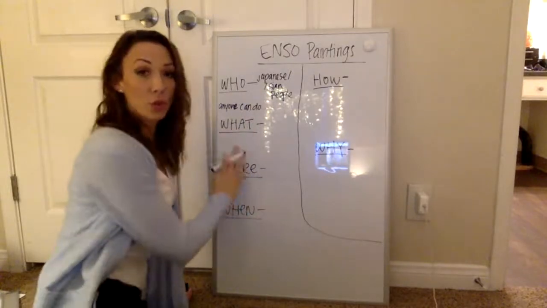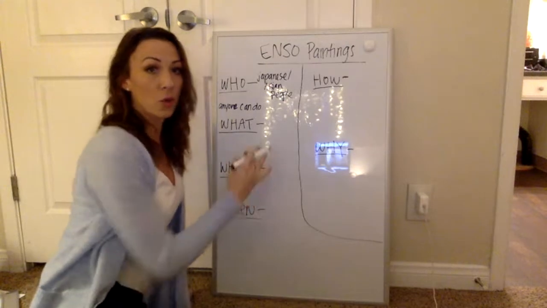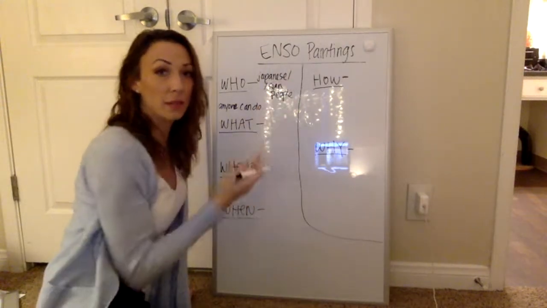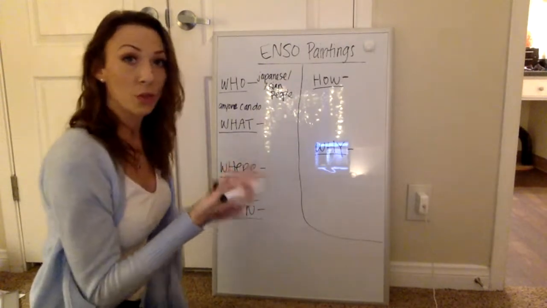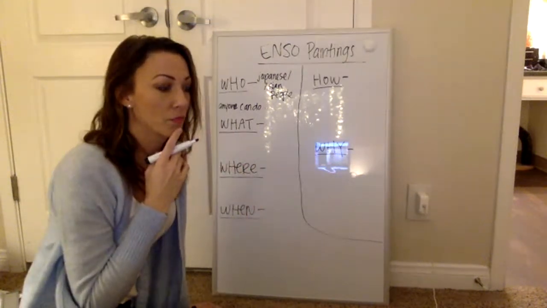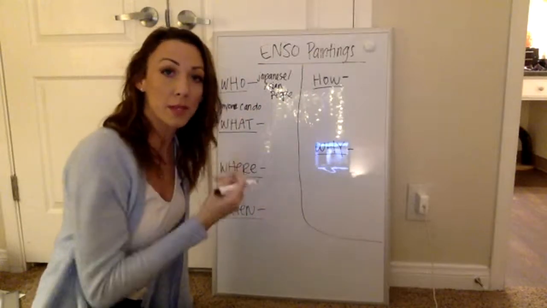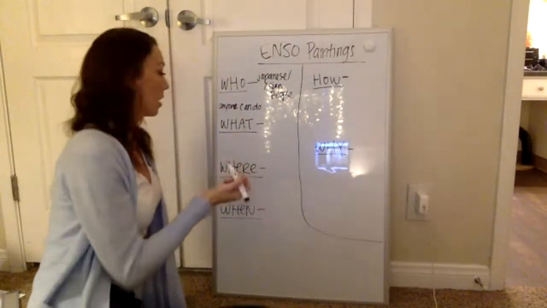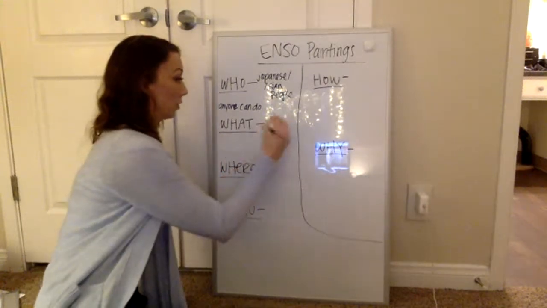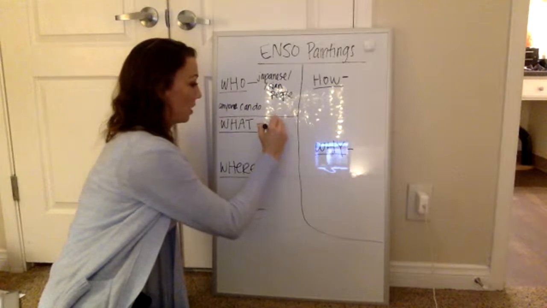Then we go to the what. We're talking about the Enso paintings, but what is involved? What are the materials? It's basically a form of meditative painting, and you can use ink.